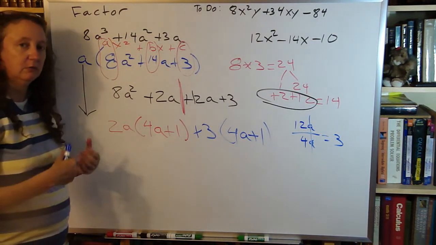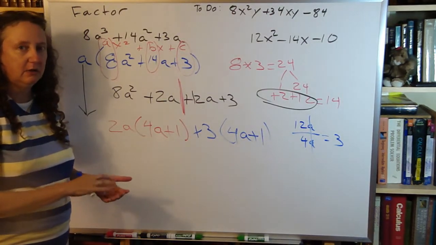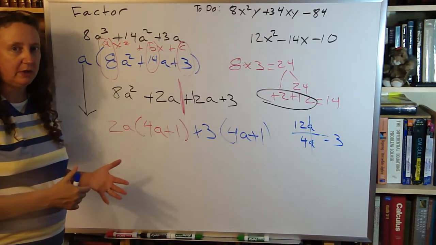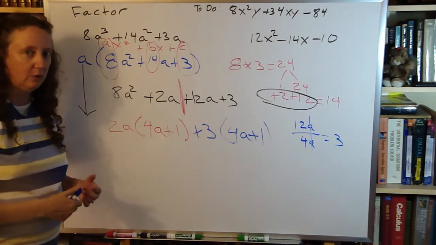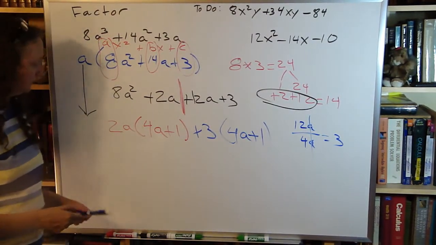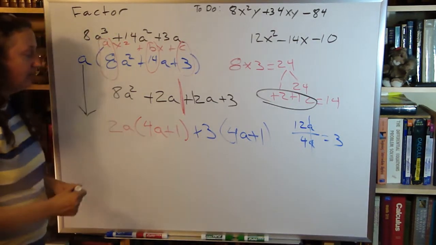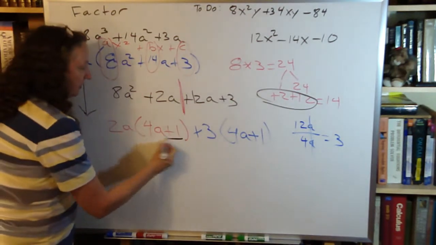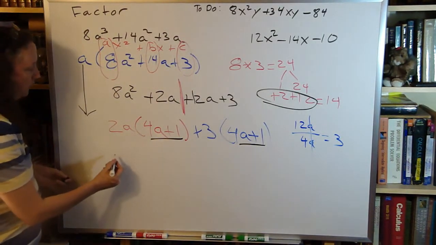So this should be routine for you by now. You may have to reach for your calculator to do the actual division, but the process should be drilled into you with all of your homework by now. Do I have the same thing inside both sets of parentheses? Yes. Pull that out.